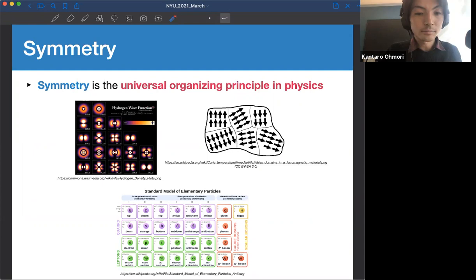So in hydrogen atoms, the wave functions are classified by the representations of SO(3) or SO(3,1), or the magnetization is characterized as a spontaneous symmetry breaking of the symmetry, or the standard model particles are classified by, again, the representations of the gauge group, the standard model gauge group. So it appears in various places.